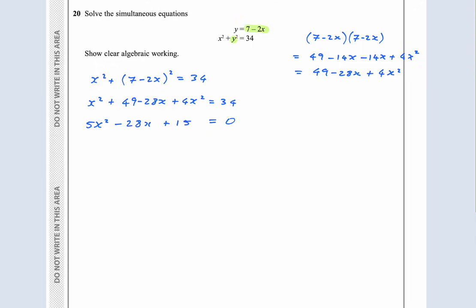You can use your calculator to find the solutions and kind of work backwards if you want, but let's do it this proper way. I'm going to do 5 times 15, which is 75. So I like to do, guys, A times C is equal to 75. And I need factors of 75 that will give me minus 28. Now the factors are minus 25 times minus 3.